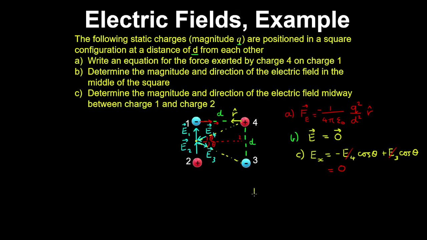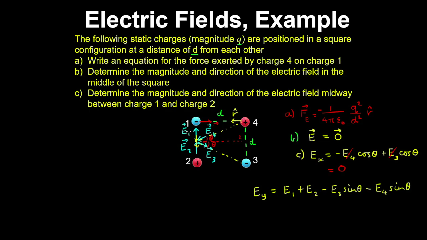Now in the vertical direction, and taking the positive direction as upwards, we have E1 plus E2 and minus E3 sine theta. So we're taking the vertical component of this electric field vector, and similarly for E4.